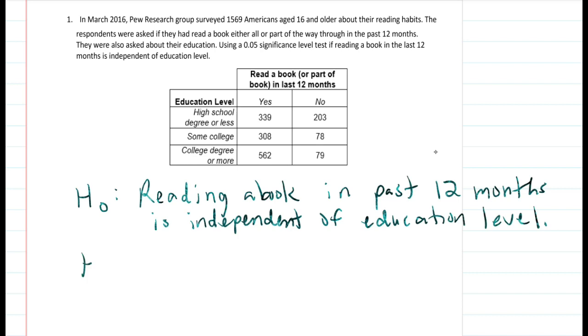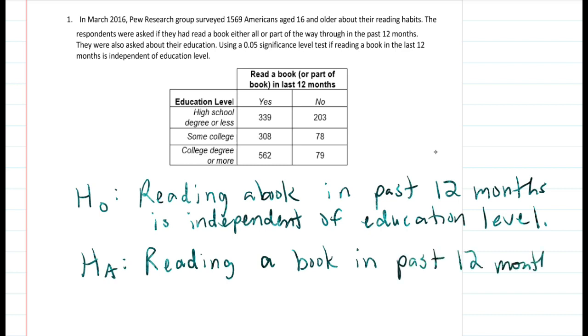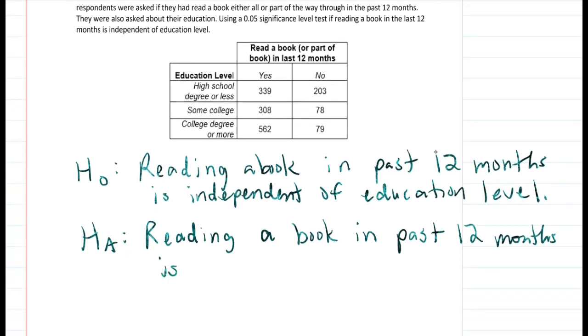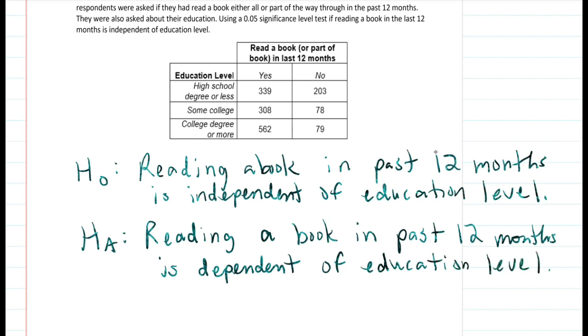Then our alternative hypothesis: reading a book in the past 12 months is dependent on one's education level. So now we have our null hypothesis and our alternative hypothesis.